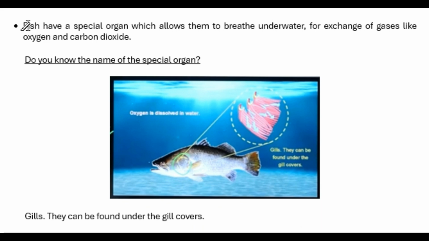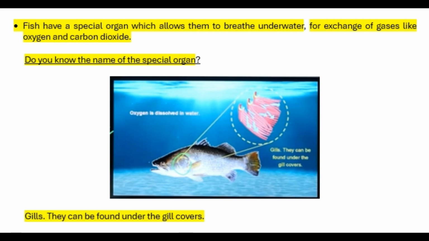Fish have a special organ which allows them to breathe underwater for exchange of gases like oxygen and carbon dioxide. Do you know the name of the special organ? Gills. They can be found under the gill covers.